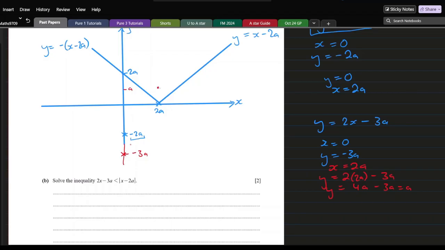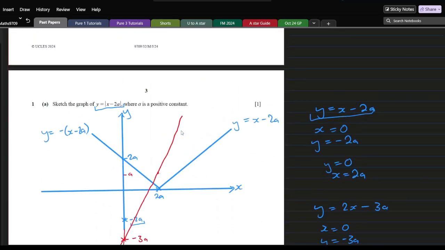And then we need to draw a line that passes through our 2 points. Alright, and this here is the line y is equal to 2x minus 3a. And you can tell that our line has a steeper gradient than our modulus function.